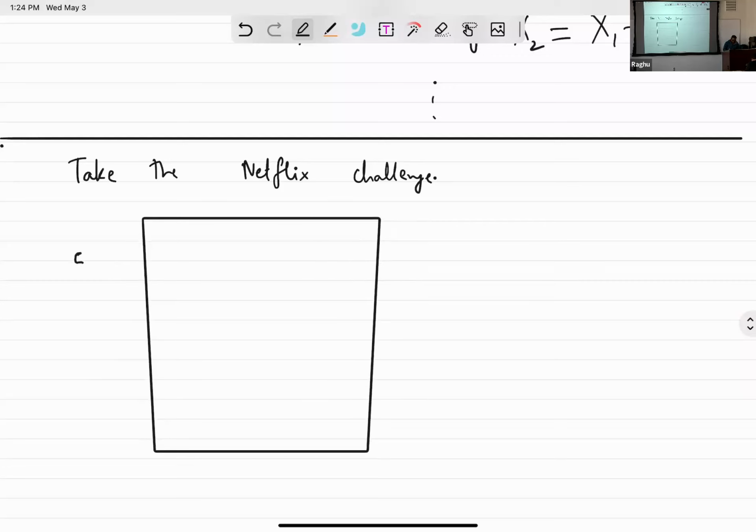which has 500,000 rows, 17,000 columns, and about, I forget, was it 100 million? No, it's 1%. Yeah, 100 million non-zero entries.